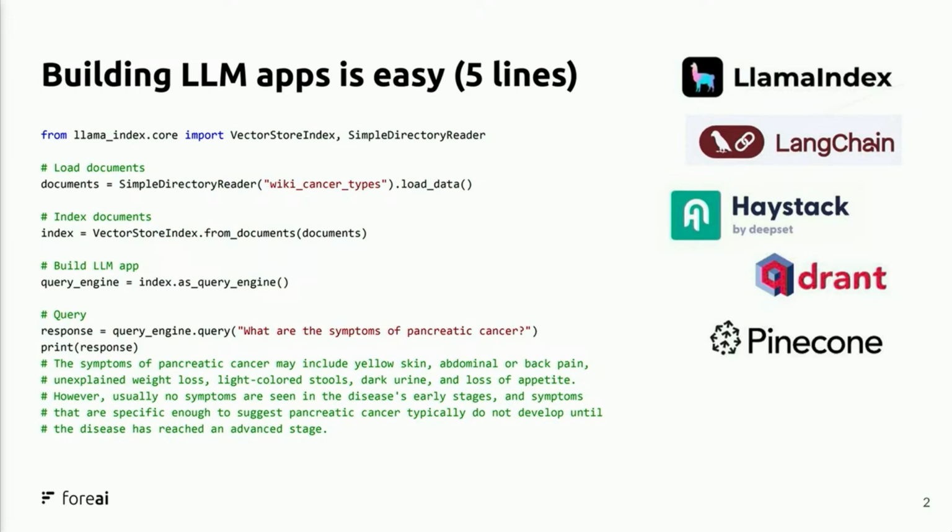It's literally 5 lines of code here. The second line reads the documents. The third line builds the index, and then you build a query engine, and then the query will answer your question. So clearly, pretty much anyone can build a system like that today.